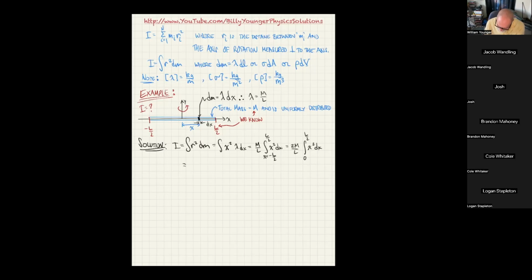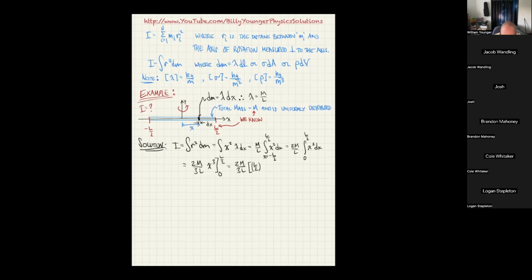I now have the integral of x squared is going to be 1/3 x cubed. So I'm going to get 2m over 3L times x cubed evaluated from 0 to L over 2. That's going to give me 2m over 3L times, now, L over 2.